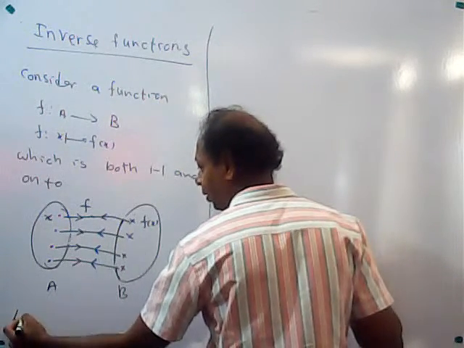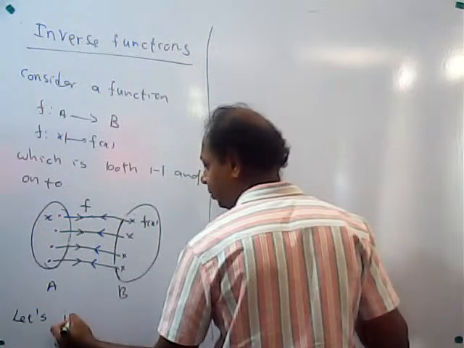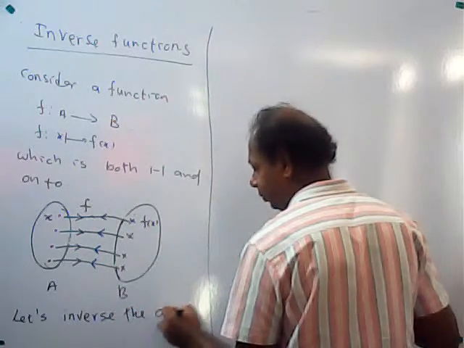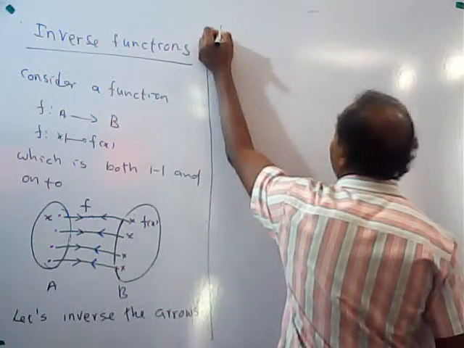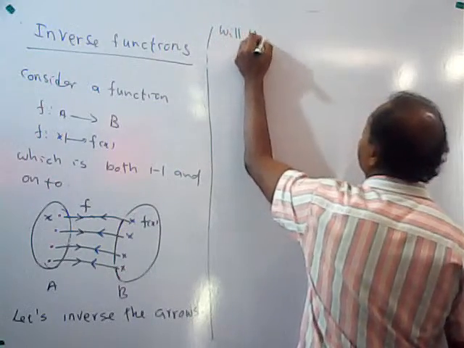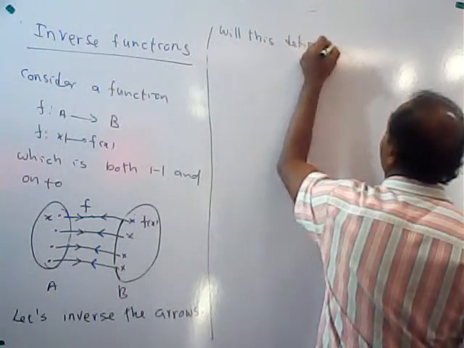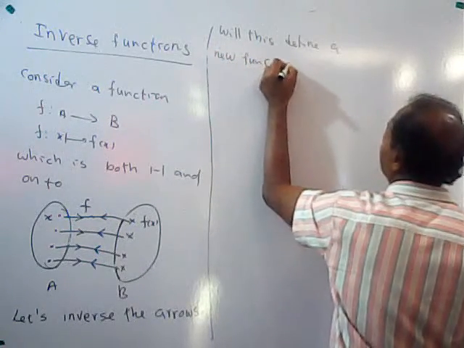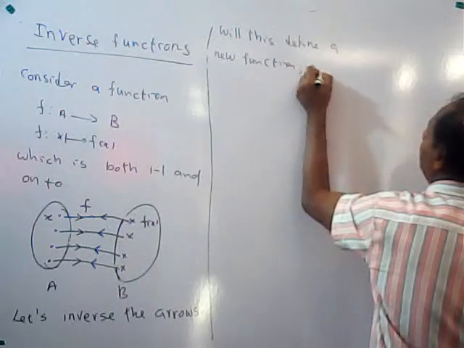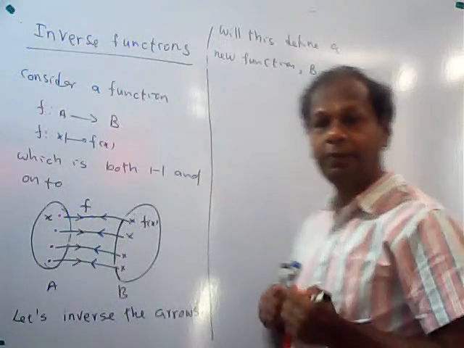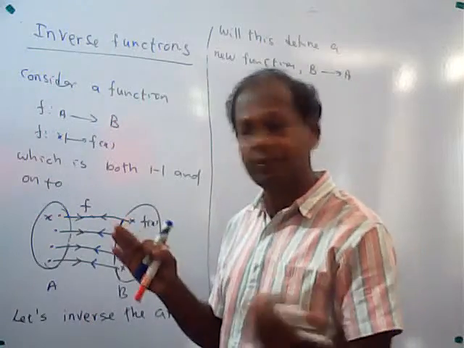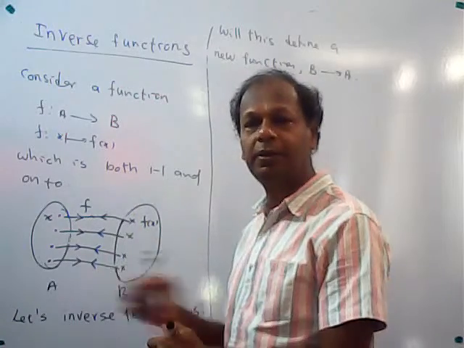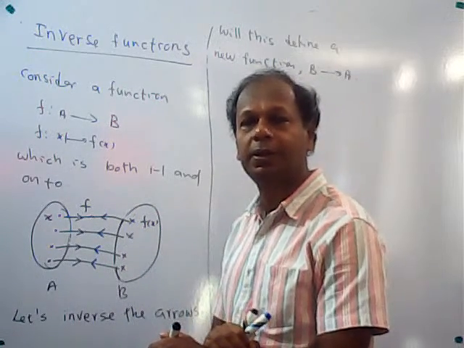So let's inverse the arrows. Will this define a new function which is going from B to A? Under our definition conditions, will it be a function from B to A? We'll just inverse the arrows.